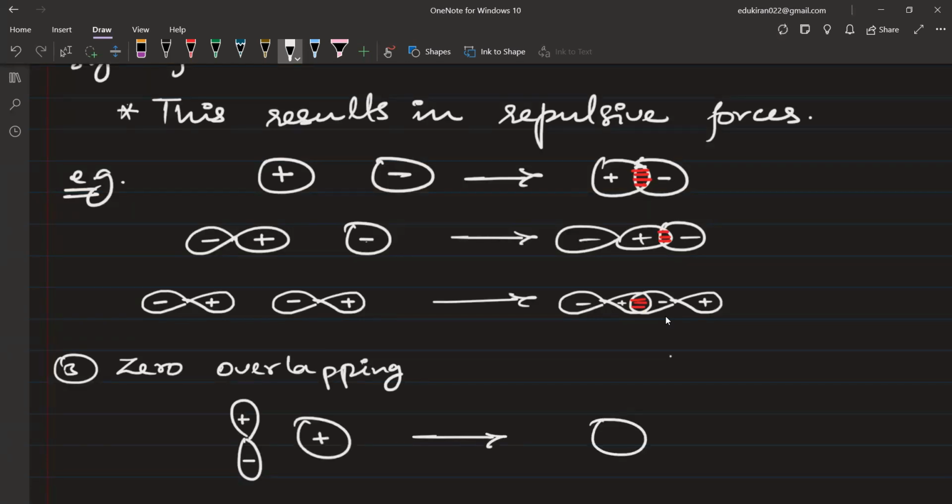You will have the s orbital like this. तो ये आपको दिख रहा होगा यहाँ पे. This is my positive overlap because this is positive and this is positive. But उसके नीचे जो आपके पास overlapping हो रही है, that is with the negative phase. So this is not good. So this is known as आधा positive आधा negative. आपको क्या मिल जाएगा? Zero. Okay, so this is zero overlapping.